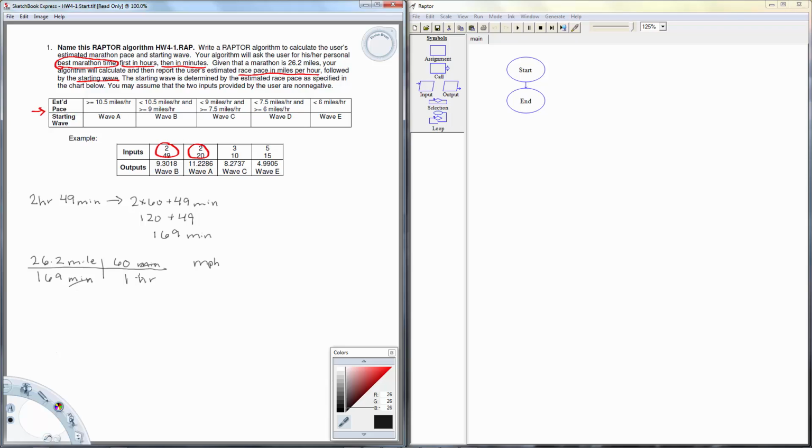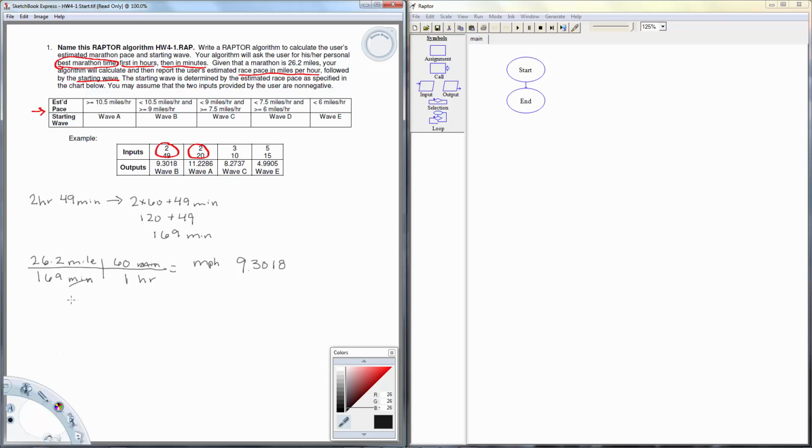So we have 26.2 times 60 divided by 169. If we were to work this out, we'd find that it works out to be 9.3018. So we've seen that we can in fact take two inputs, 2 hours and 49 minutes, and come up with the race pace in miles per hour of 9.3018 miles per hour.